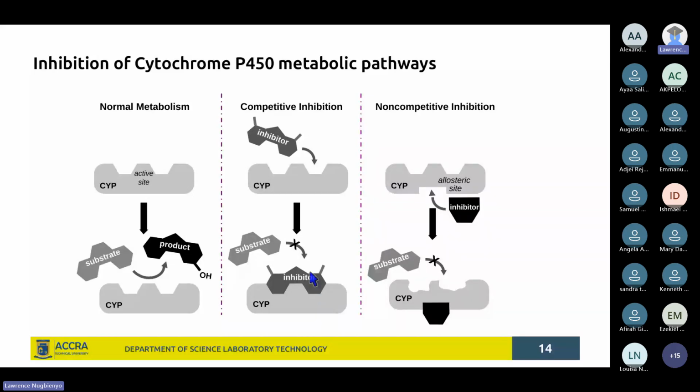That's what we learned with competitive inhibition, and it is also applied in this case in terms of intoxication by substances. So for instance, even though this example is not specifically with cytochrome P450 enzymes, this is with alcohol dehydrogenase.